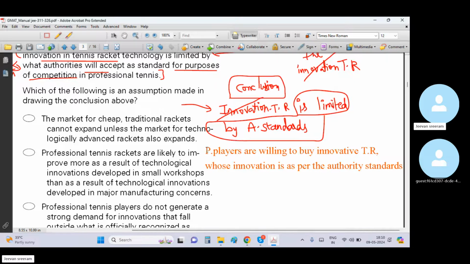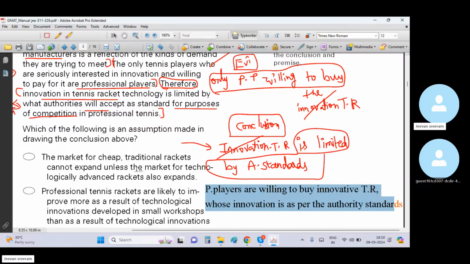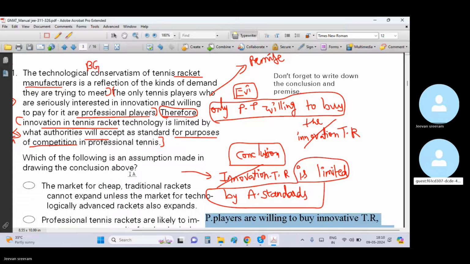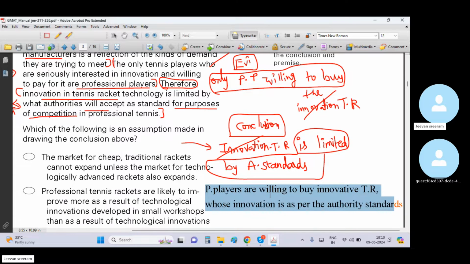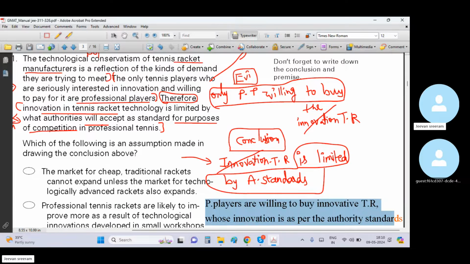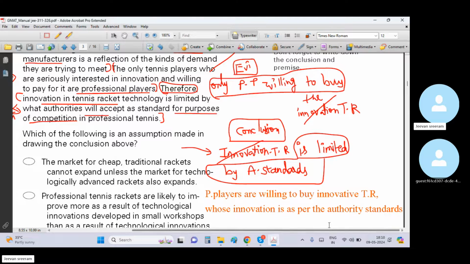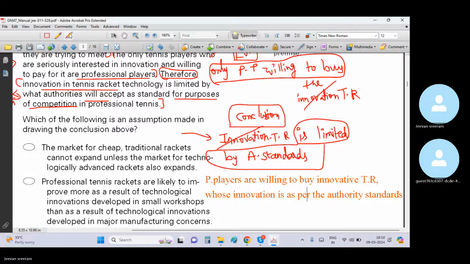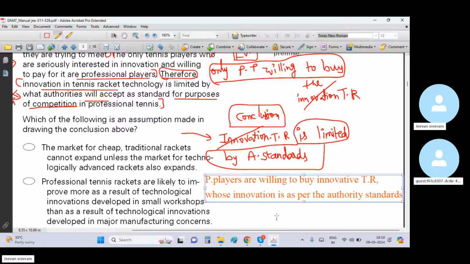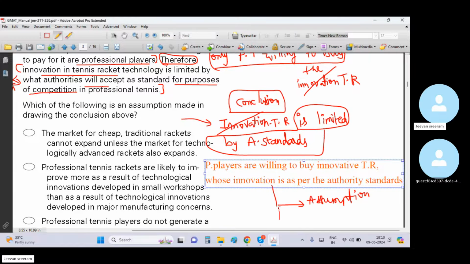Please observe this sentence. Is it stated in the given argument? No, not much. Is it true as per the author? As per the argument? Yes. That is an assumption. Why is it an assumption? Because the author assumed this as true.